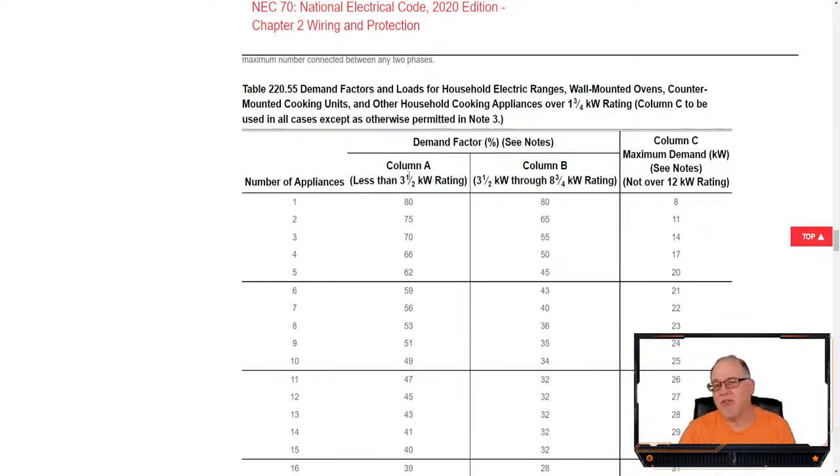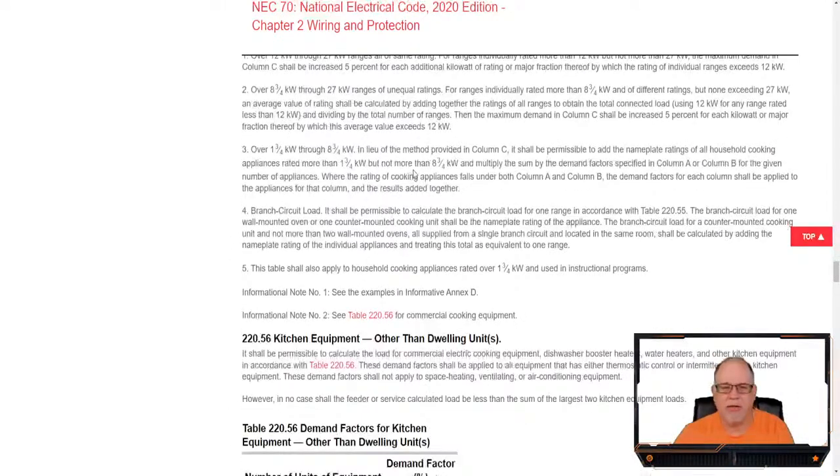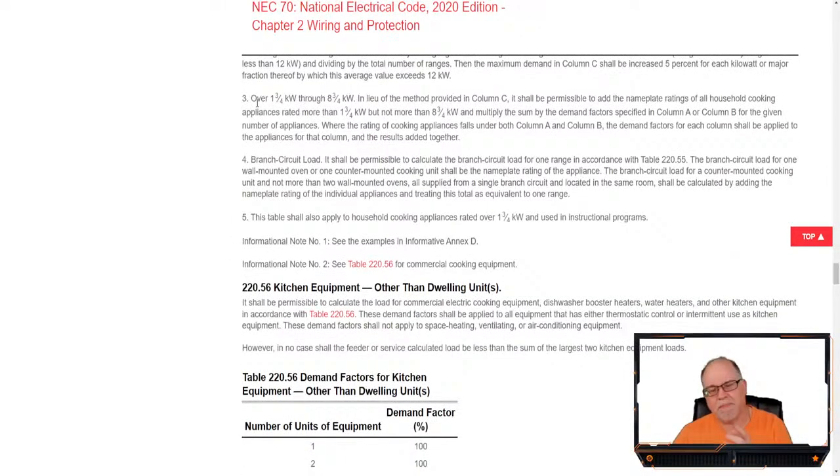Now, for our case, you looked at our question earlier, we're not going to be using Note 3. But while we're here, we might as well look at Note 3. And Note 3 says, well, if your cooking appliances are over 1 3/4 kW through 8 3/4, which ours are all over this anyway, then in lieu of the method provided in column C, which remember, it said you always go to C unless you're permitted by Note 3.